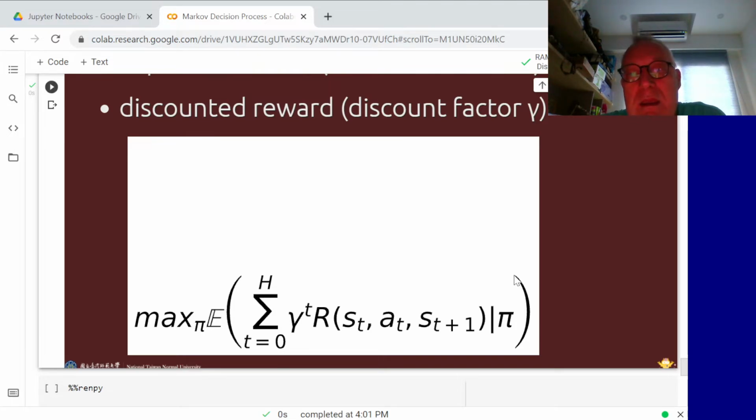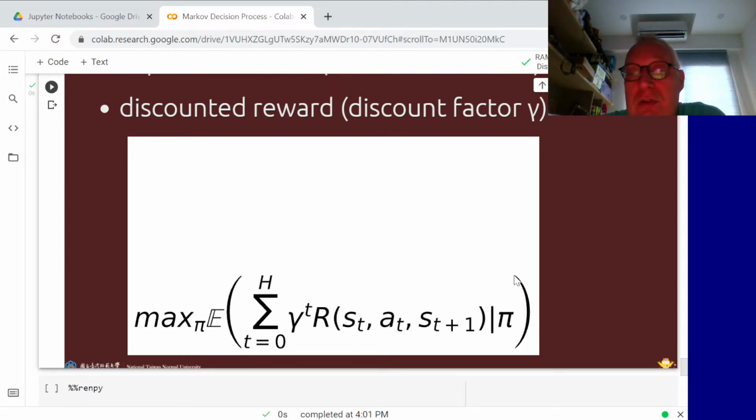So the value of the reward diminishes over time, and in fact it diminishes quite quickly. It diminishes exponentially. So gamma is usually set to something like 0.9 or 0.99, some value less than 1.